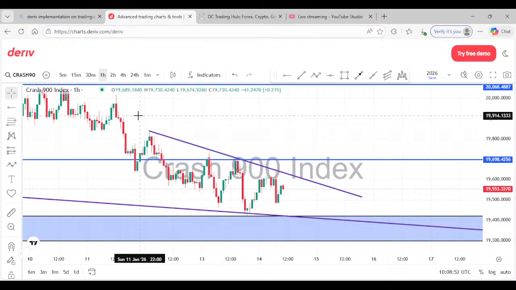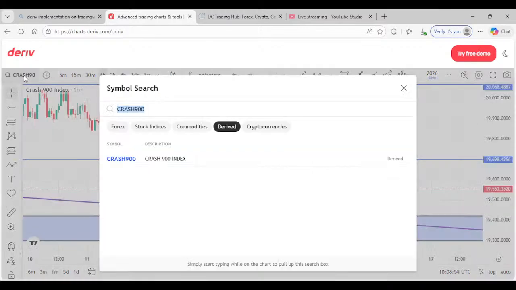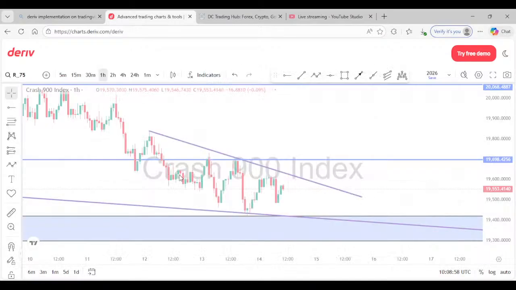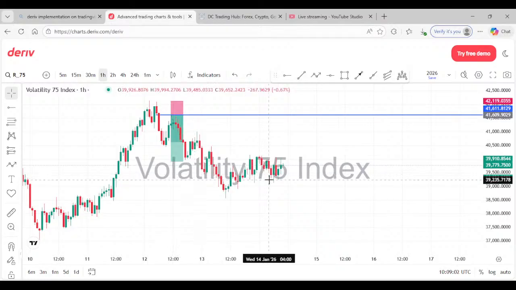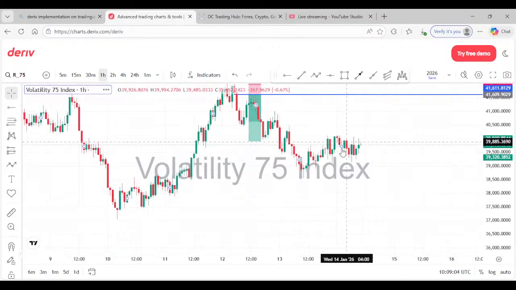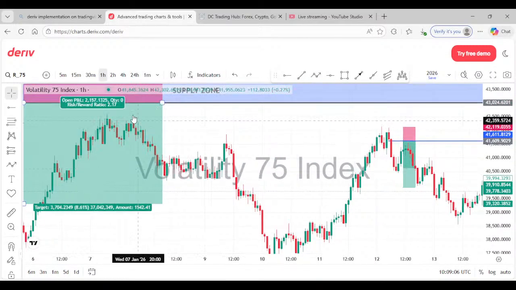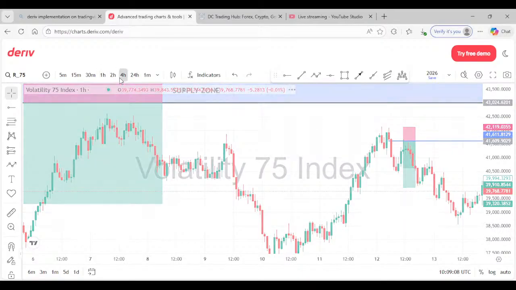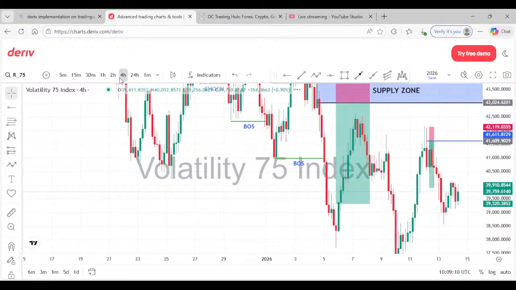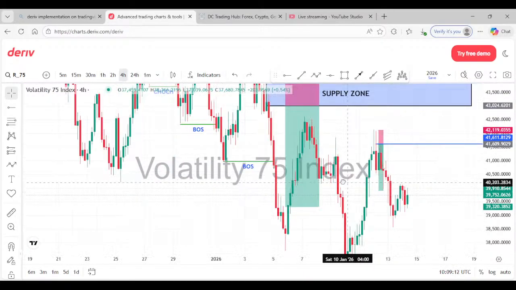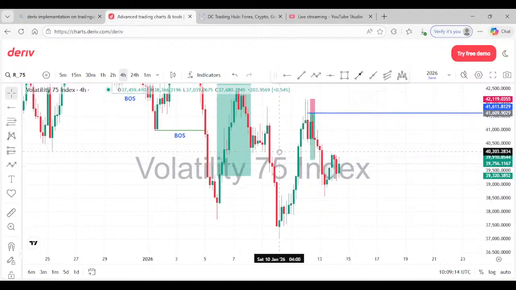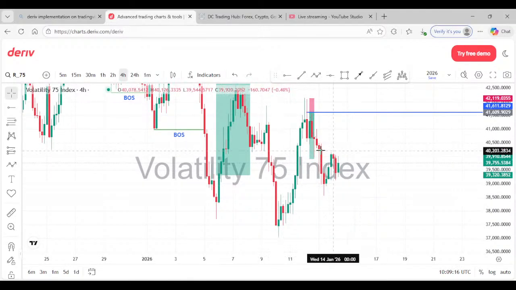Then let's go to the next asset. Let's look at VIX75, Volatility 75. H4. There's a little bit of consolidation that is taking place currently.